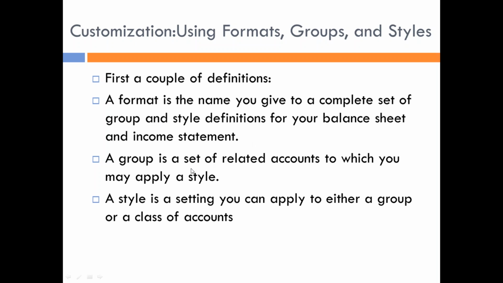A group is a set of related accounts to which you apply a style. So a group would be like if you have 5 different insurance accounts, you group them all under something called insurance. And a style is a setting you can apply to either a group or a class of accounts. And I'm going to go into how you do all of these in a few minutes.